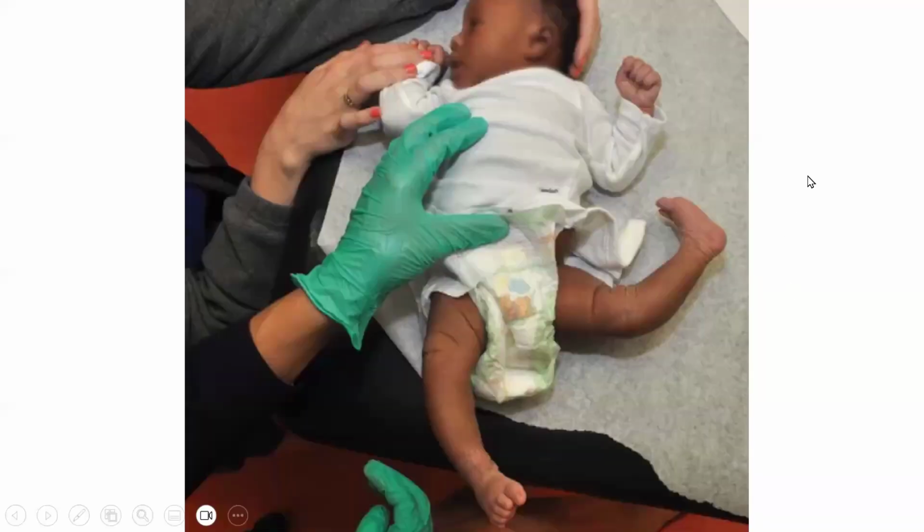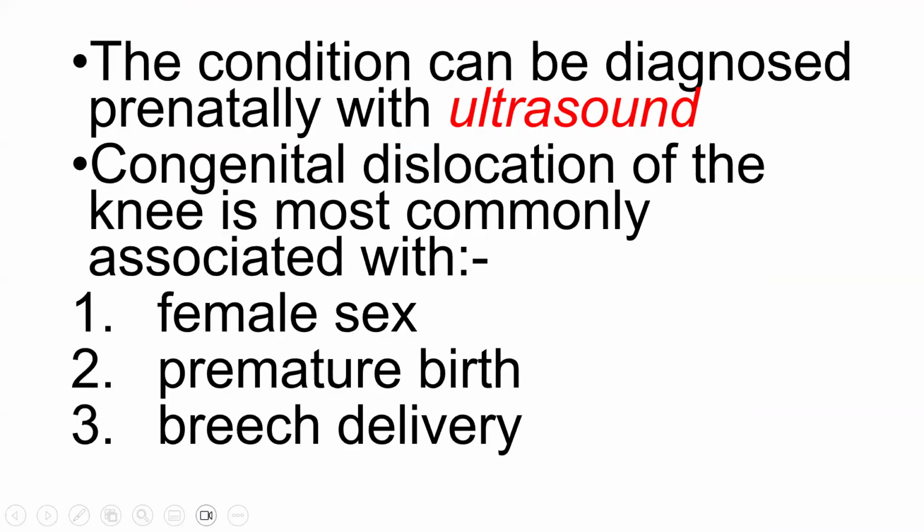This shows you how the child presents. Where do you think the tibia is? The tibia is dislocated anteriorly. The condition can be diagnosed prenatally with ultrasound.